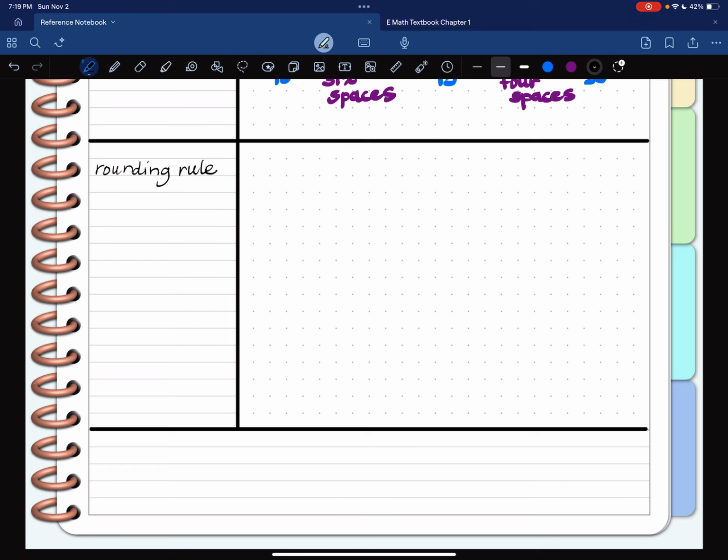And rather than have you write out the rounding rule, I'm going to have you draw a picture. So I want you to draw a heel. Doesn't have to be perfect. Just get close. Something like that. And you can pause the video if you need to. On the top of the heel, I want you to put the number 5, and then 6, 7, 8, and 9.